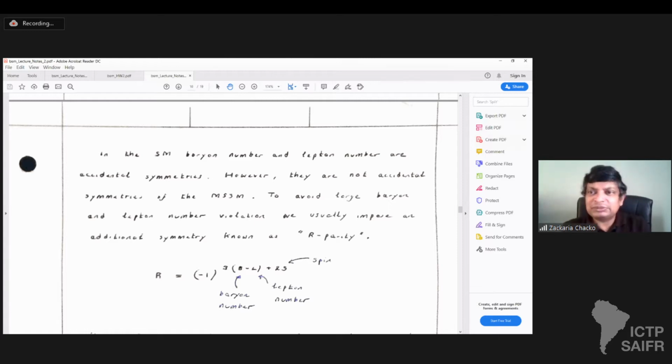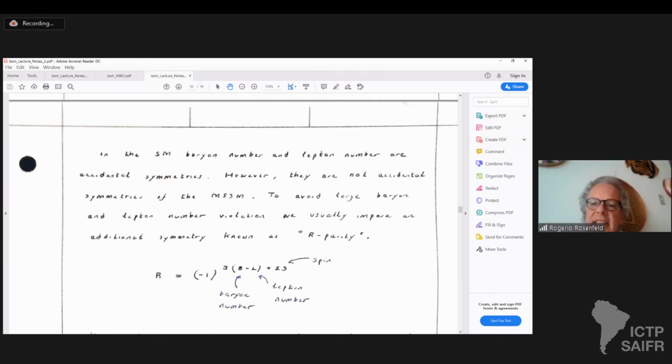So the idea is something like that. Before supersymmetry was spontaneously broken, all the standard model particles and the superpartners would have the same mass. But once supersymmetry is broken, that gets split, and then their masses are different, just the way the masses of the top and the bottom get split after electroweak symmetry breaking.